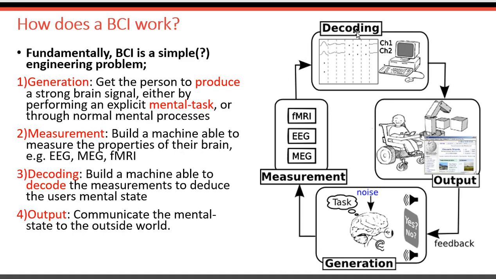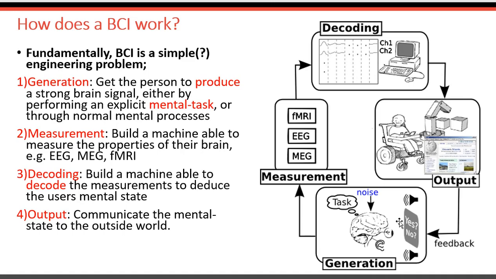And once we have the measurement, which provides us data, the next part of the BCI system is decoding. Decoding involves building a classifier or decoder or machine that can decode the data that has been recorded, and that corresponds to the mental intent, mental state, of the participant, right?